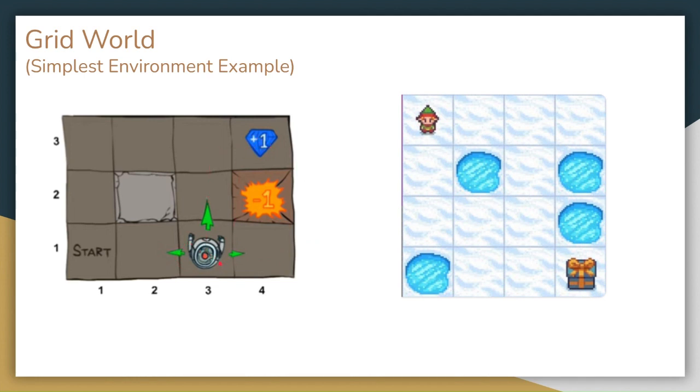But the agent doesn't know this at first because it has zero knowledge of the world. But anyway, in the next lecture, the next 2 weeks, we're gonna learn how to program the agent. But at the moment, let's just assume that if you are human, you want to play this game, what are you gonna do?